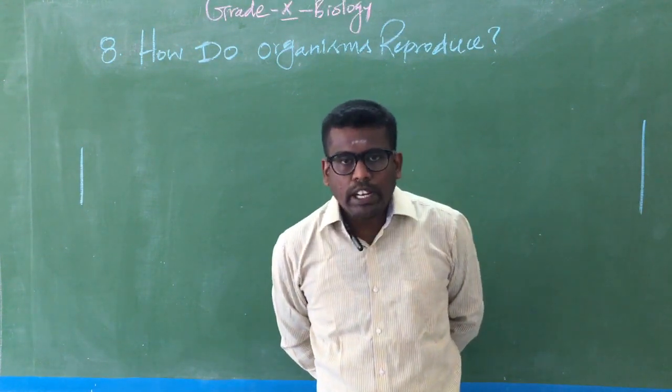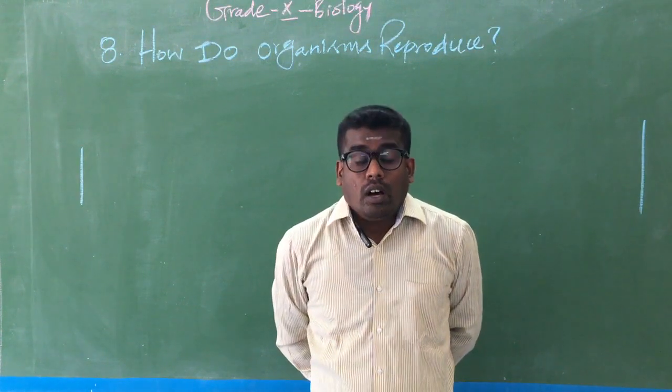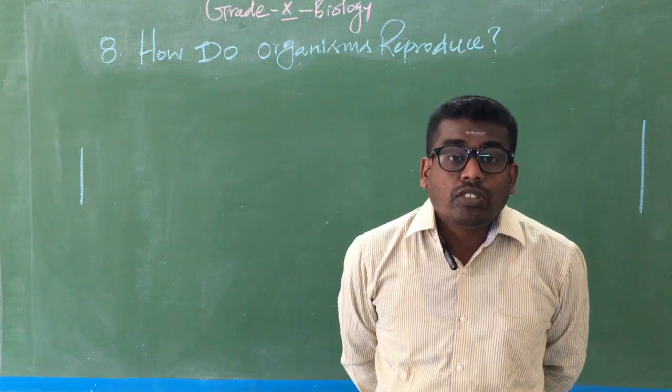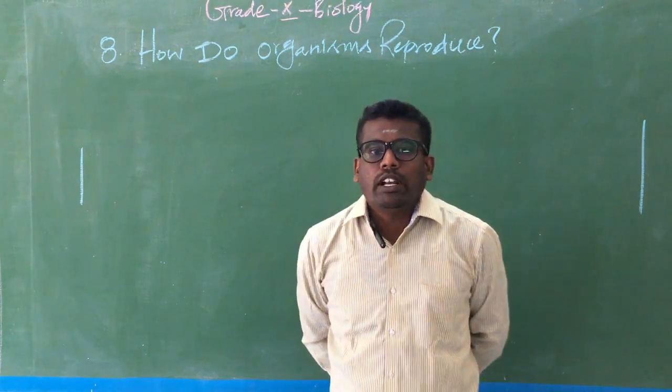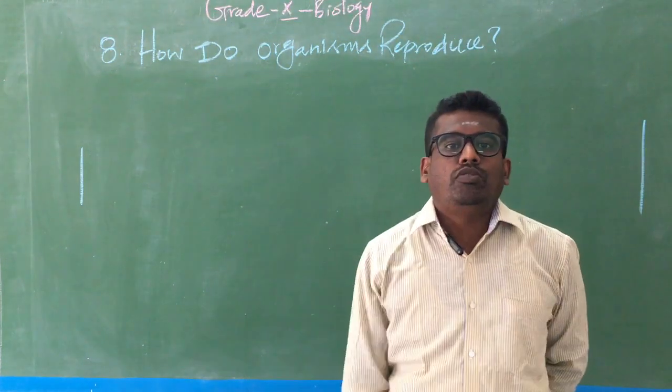What is pollination? There are two types, self-pollination and cross-pollination, with their advantages and disadvantages. These things we have discussed.